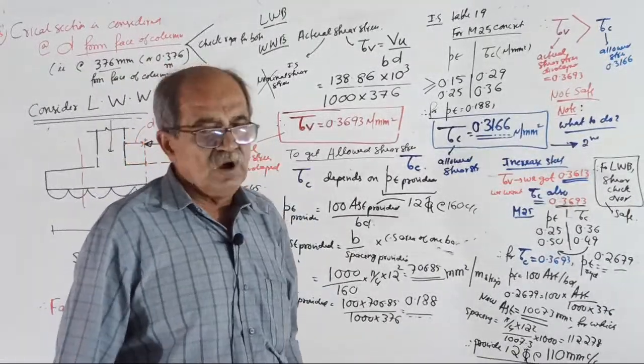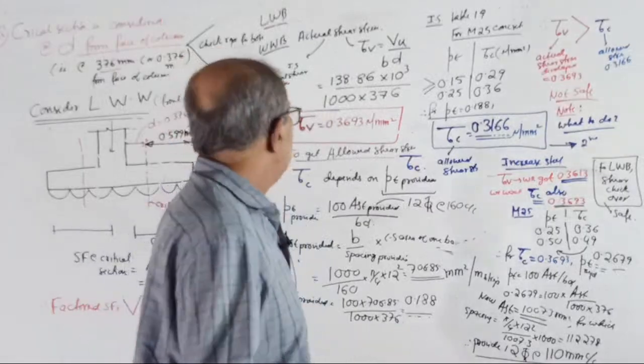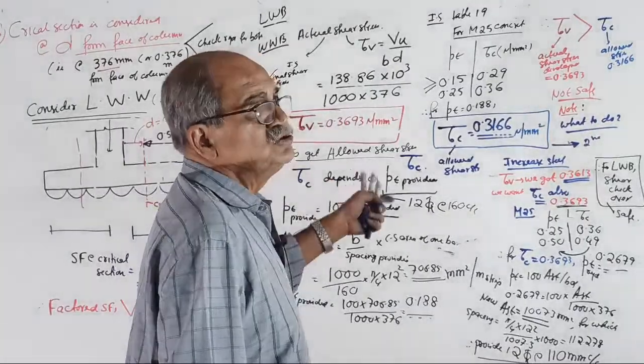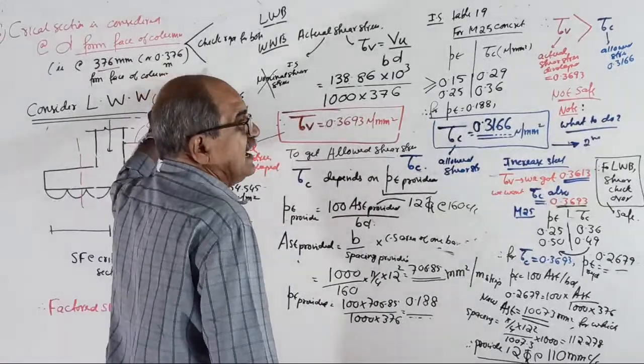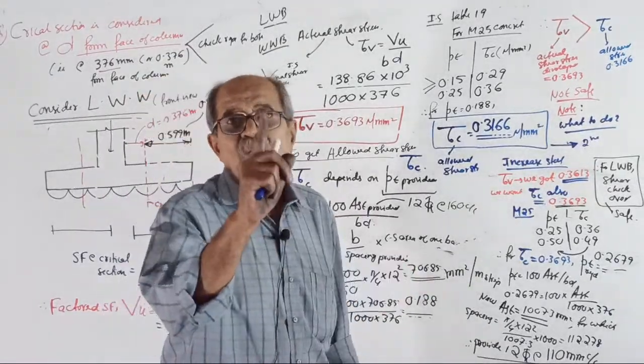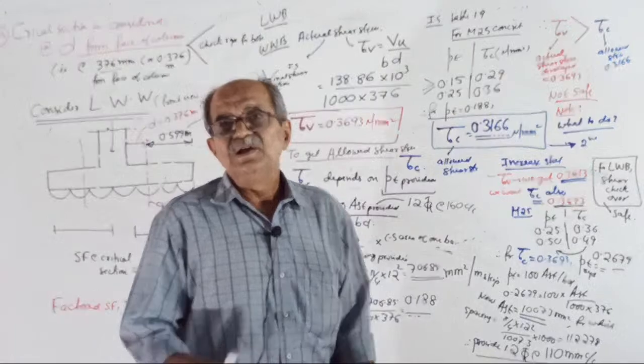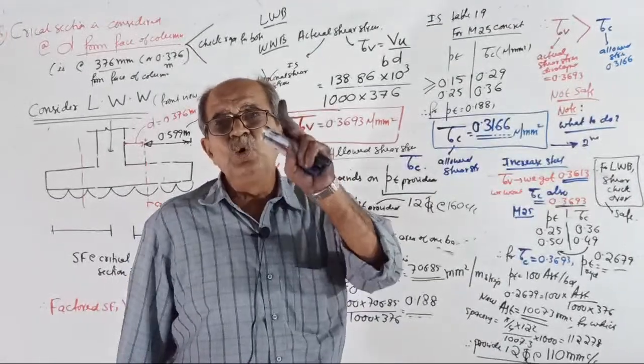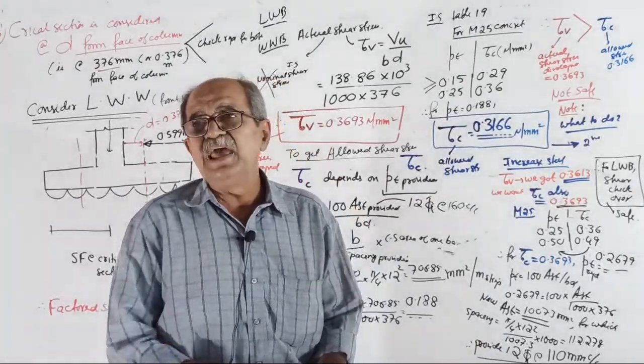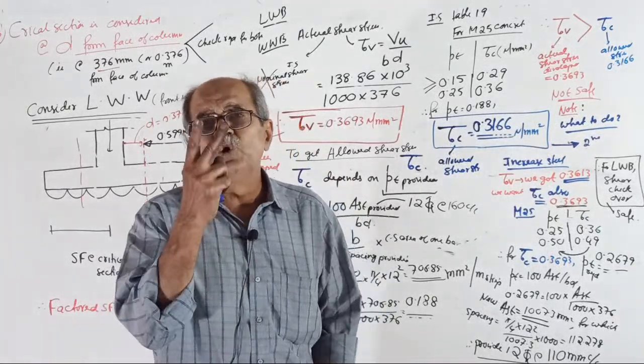So that next time when Excel is ready, I will tell you how to use it. This check for shear, which took nearly 1 hour for us, will not take more than 2 minutes.